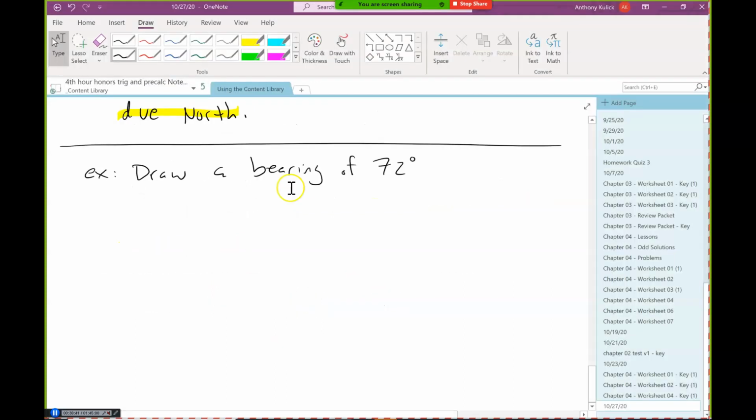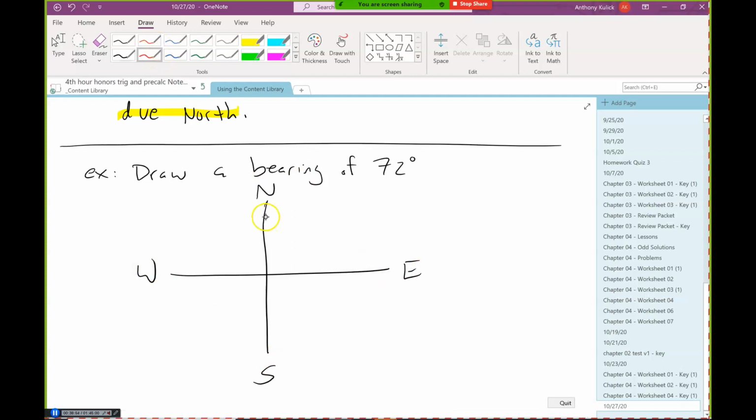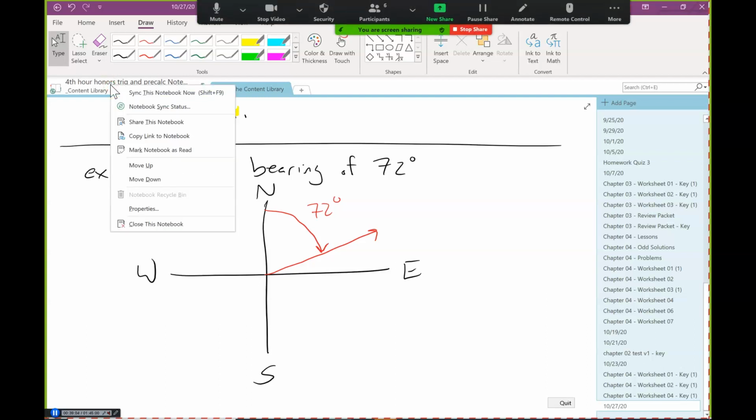What's the equivalent angle of rotation for this? That would be this angle, right? What's that measure? 18 degrees. So we can say that a bearing is equivalent to a rotation.